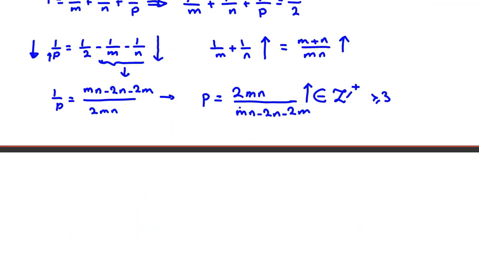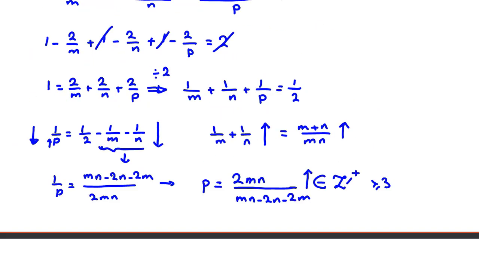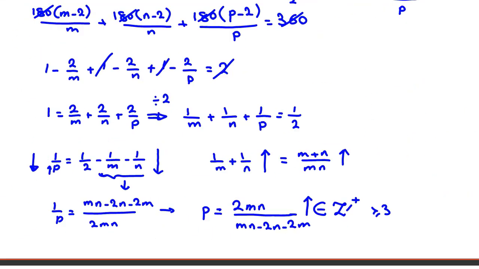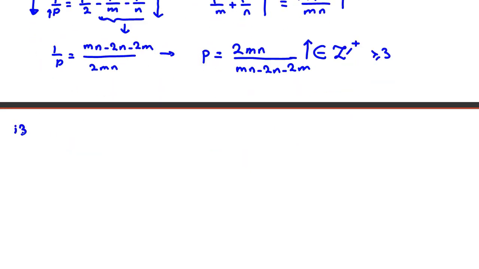Okay, for this part, because we know p is an integer, let's find all possible values of this fraction that are integers. So here, we should use what idea? We should be able to work with divisibility, okay? Ideas in divisibility. Here we know the denominator mn minus 2n minus 2m divides 2mn.